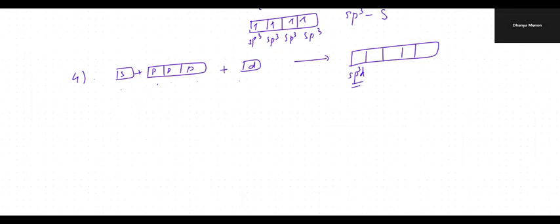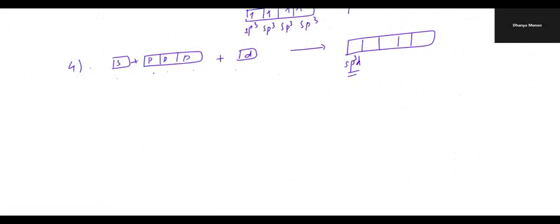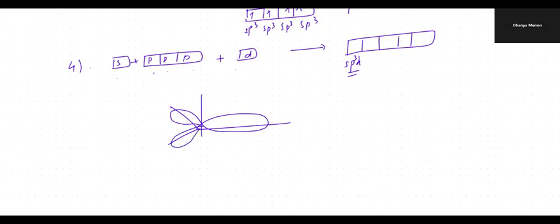So this is sp3d, and the shape is trigonal bipyramidal. So one is above and one is below. This is the trigonal shape.